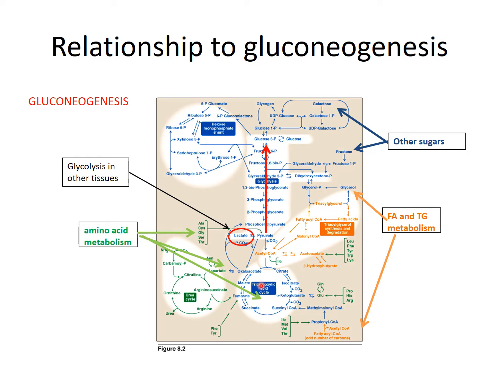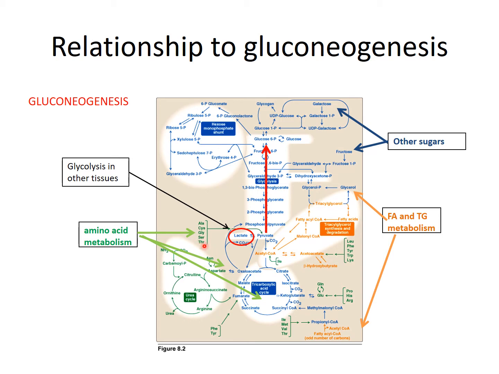Of course, amino acids are very important. Actually, they are coming from skeletal muscle when gluconeogenesis is going on. The easiest is alanine, which can right away be transaminated to pyruvate, but there are so-called gluconeogenic amino acids whose carbon skeleton can also be turned into glucose.